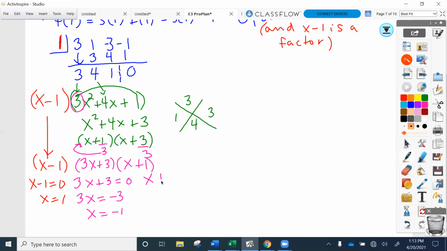And then this factor, x plus 1 equals 0, we just get x is equal to negative 1. So the answer to this question, since it's asking you for all zeros, is the 1 that you found using P and Q, and the, oh, something's wrong here.